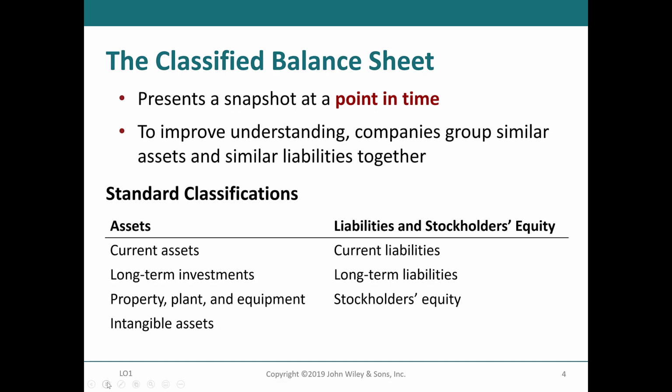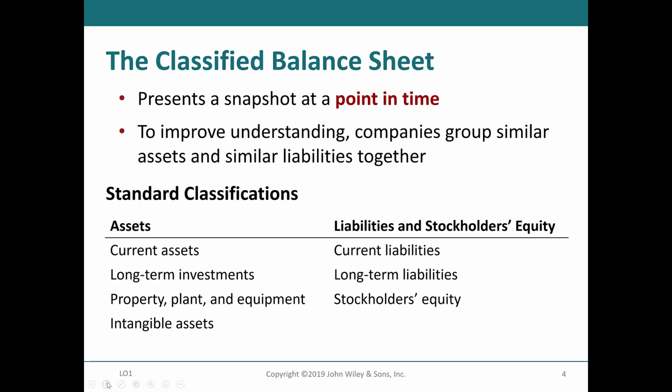The classified balance sheet presents a snapshot at a point in time. It gives you a picture of the state or the health of the business at a particular point in time. When we look at the classified balance sheet, it helps to improve understanding of what the company is all about.